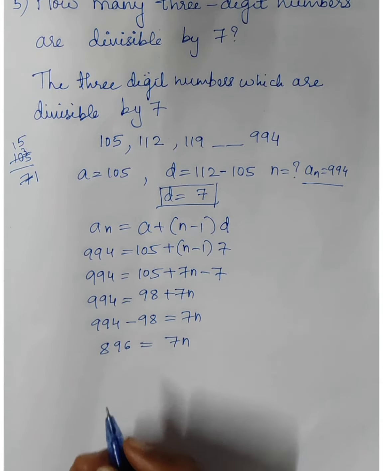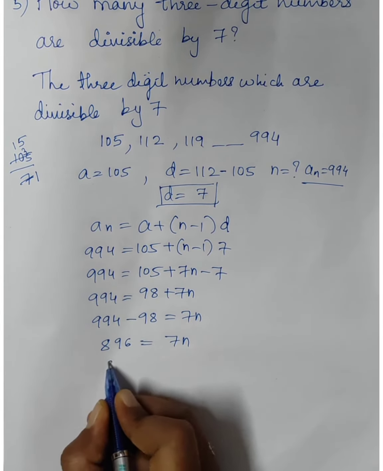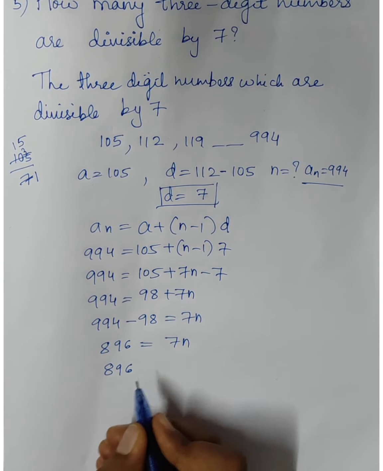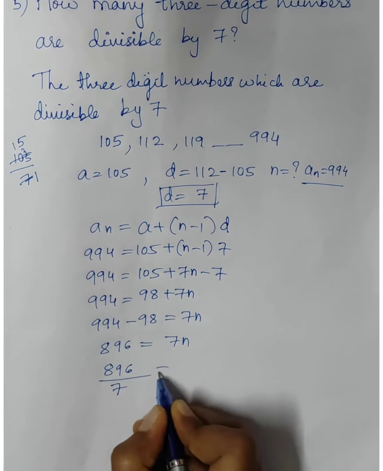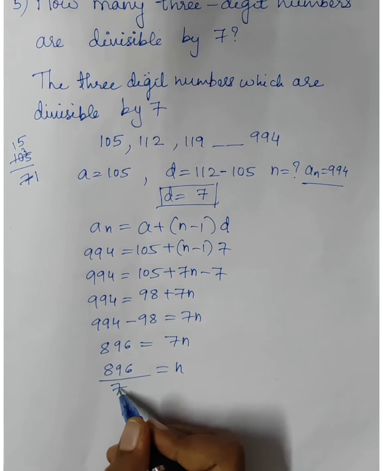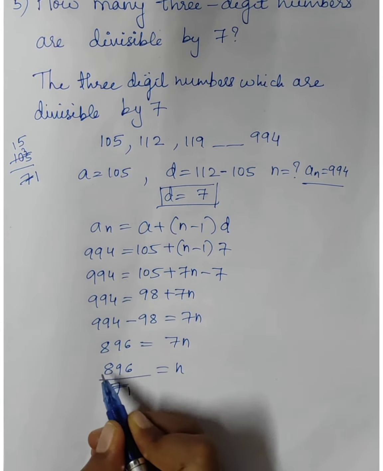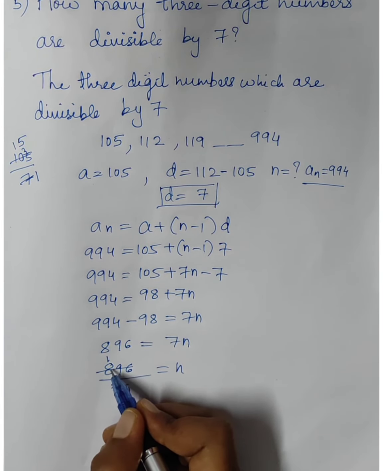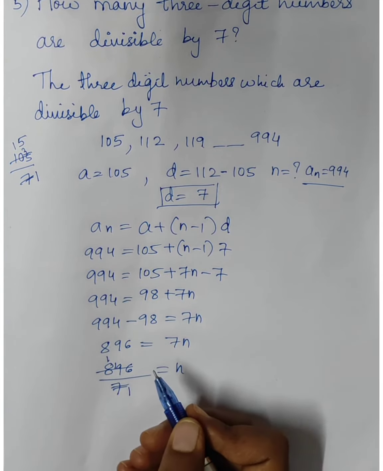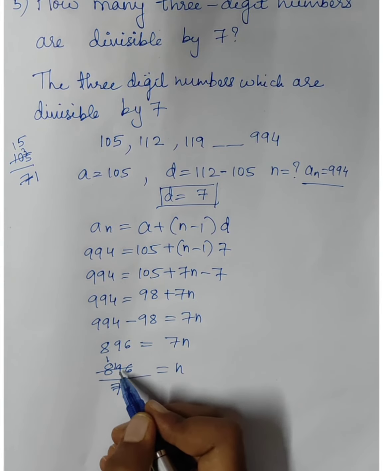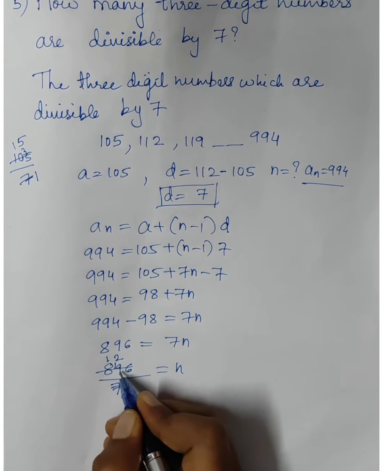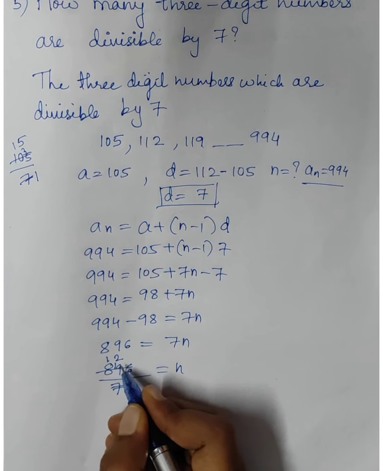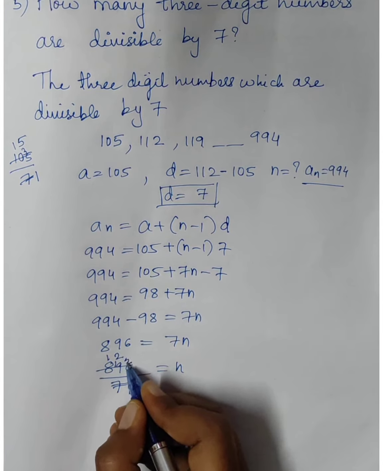Okay, the next is what? 896, keep it as it is. Okay, then 7 you shift here, N as it is. So simplify now. So this will be 7 ones are 7, and this will be 7 ones are 7. Okay, so if you are taking it as 7 ones are 7, 1 will remain here. Okay, so next what you are going to get? It is 19 here. So I am going to take it as 7 2s are 14. If you take 19 as 14 here, then what will remain? 5 is going to remain.